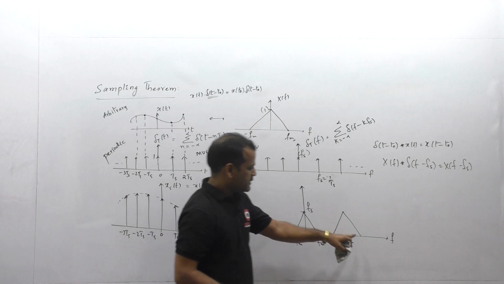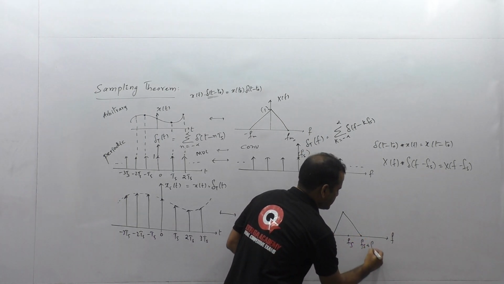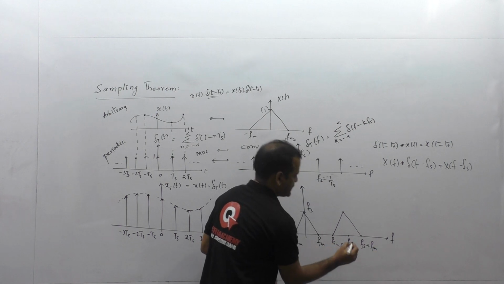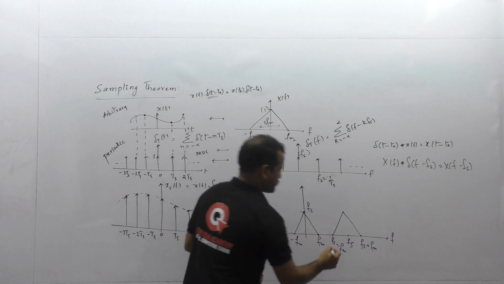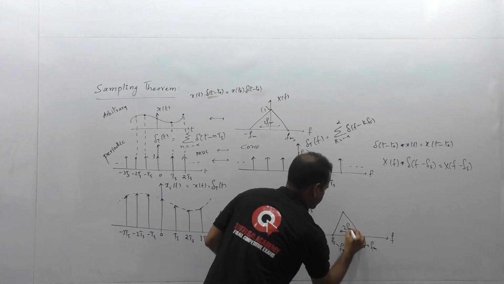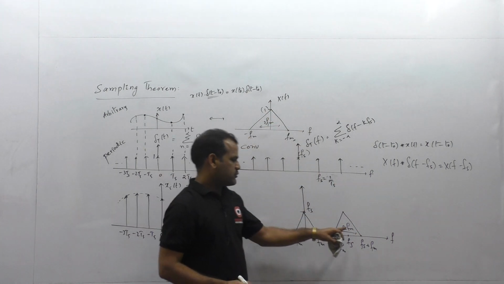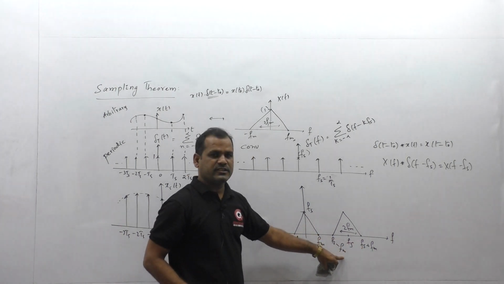And then these spectral components, if you observe, this should be fs plus fm, this should be fs minus fm, because the total width of this spectrum should be 2fm. So here also it should be 2fm, because the spectrum is only shifting, there is no scaling. That's why this is fs plus fm and this is fs minus fm.